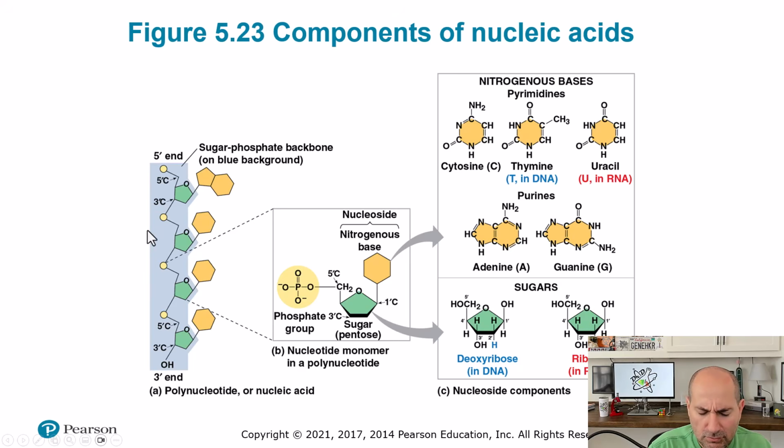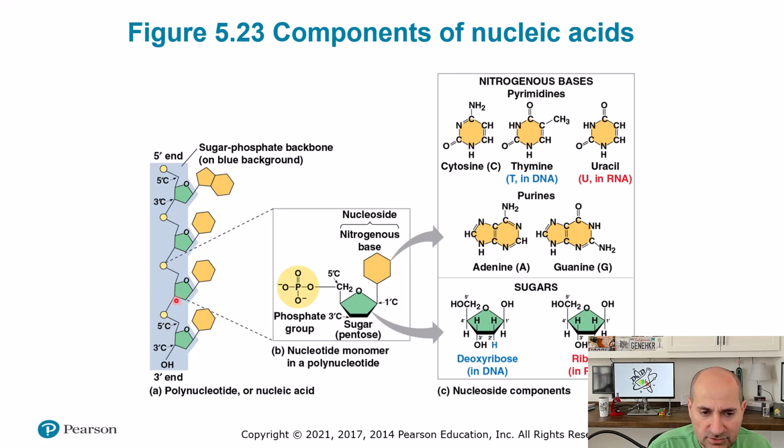Again, just to review, when monosaccharides are linked together, that was called a glycosidic bond. When amino acids were linked together, that was called a peptide bond. When nucleotides are linked together, that is called a phosphodiester bond. And remember, different lipids do not link together. This is why they are not known as macromolecules.